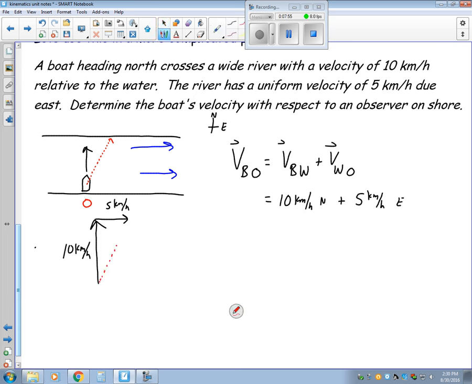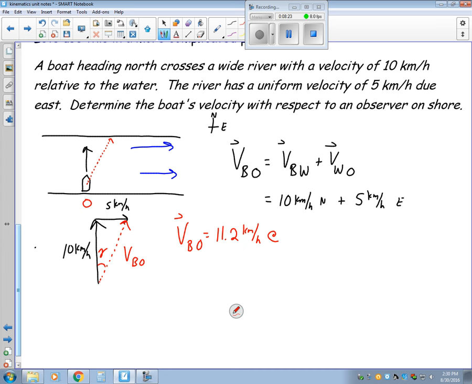That sets up a right triangle, so we can calculate the velocity using the Pythagorean theorem, and we can use inverse tangent to calculate the angle. The velocity of the boat with respect to the observer, using the Pythagorean theorem, is 11.2 kilometers per hour.